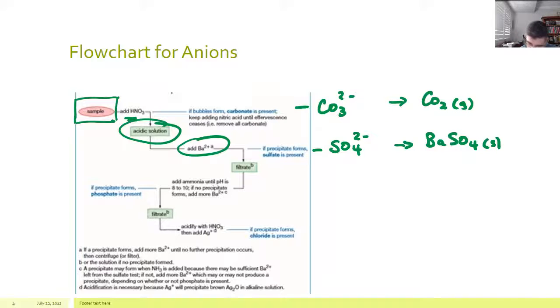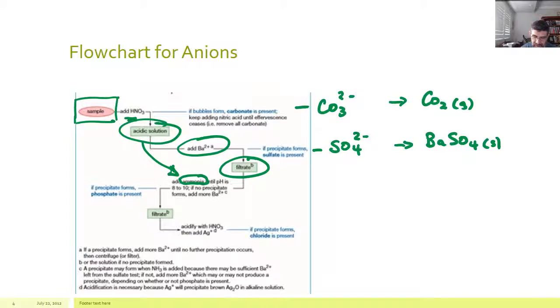Now we have a residue, so that precipitate can be filtered in order to remove the sulfate precipitate, and then we get left with the filtrate that we then try and basically raise the pH. So it's an acidic solution here.